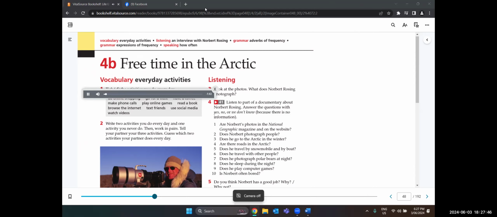Track 41, Unit 4B. Norbert Rosing's photos of animals are famous. His photos are often in the National Geographic magazine or on the website. A lot of his photos are of polar bears in the Arctic. Norbert goes to the Arctic once a year, and he always goes in the summer.